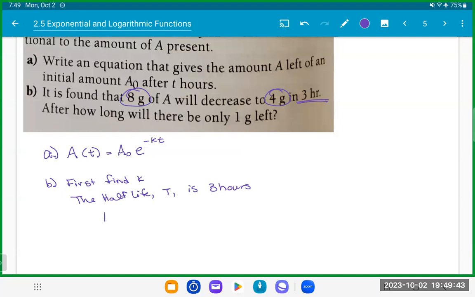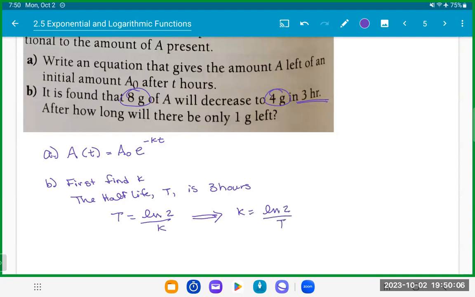So we could solve for k. So our k is equal to, remember if we did T equals ln of 2 over k, we can multiply both sides by k, divide both sides by capital T. And so that is the same as saying that k is equal to the ln of 2 divided by my half-life.